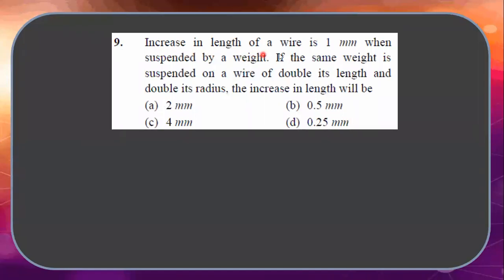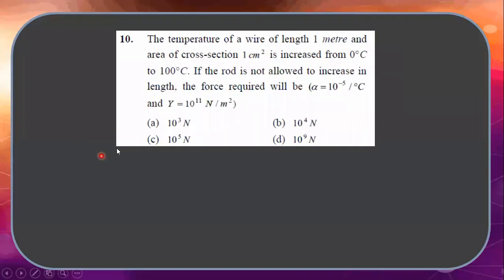The temperature of a wire of length 1 meter and area of cross section 1 centimeter square is increased from 0 degree centigrade to 100 degree centigrade.